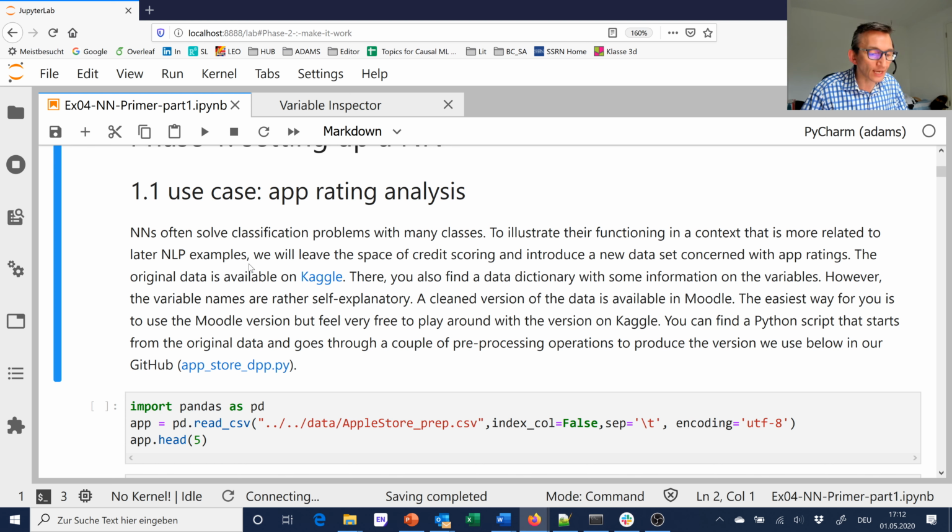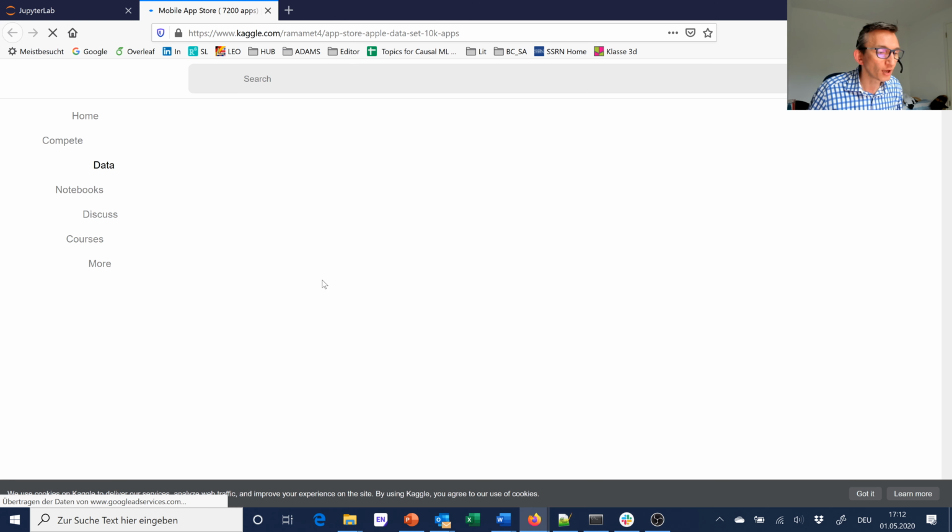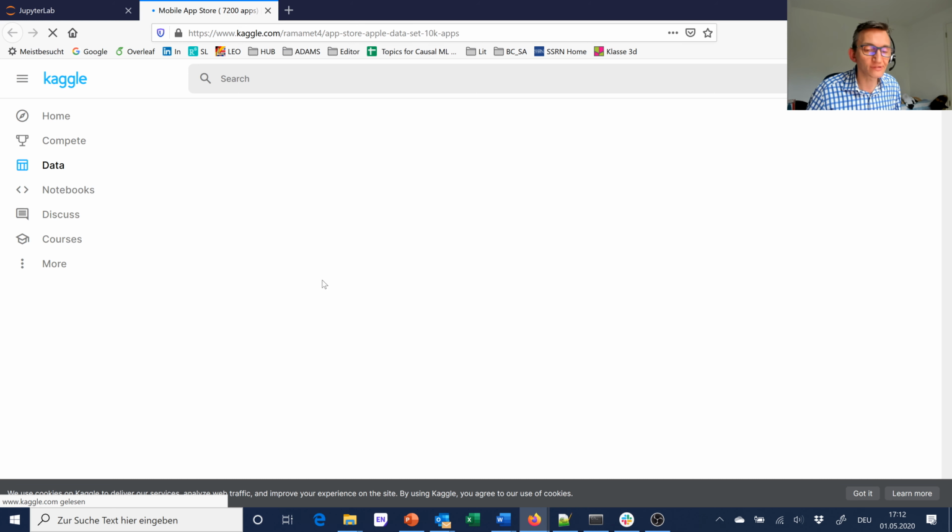You can download the data from Kaggle, see this link here. It's good to have a quick look at the data on the Kaggle website because there you would also find a data dictionary and some context about this mobile app store data set.